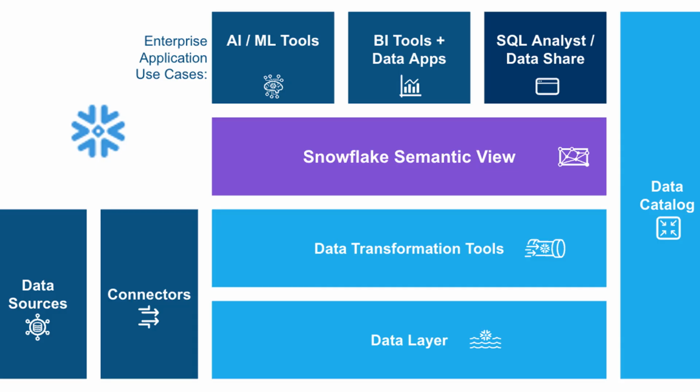Snowflake created semantic views, which are basically schema level objects stored directly in your Snowflake database or warehouse. You define your business metrics, your entities like customers, orders, the relationships between them, and then Snowflake's Cortex Analyst can use these definitions to answer natural language questions against your data.